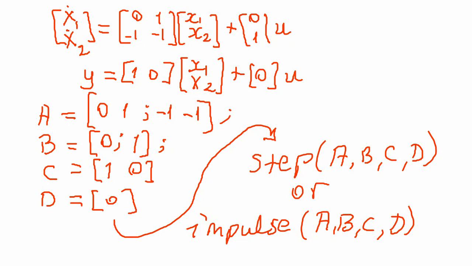For our case, this is the state space approach. For our case, for example, for impulse, let's do that one in blue.